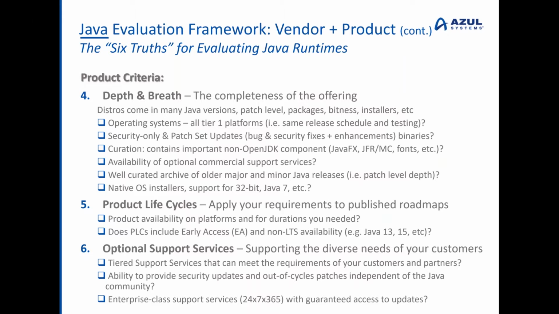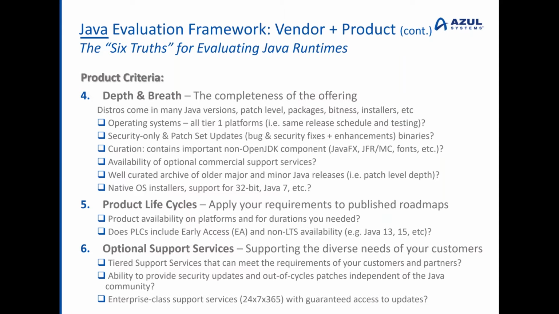And then lastly, optional support services. This is very important today in the community, as with more government regulation, larger enterprises require that every component in the runtime stack have support contracts.